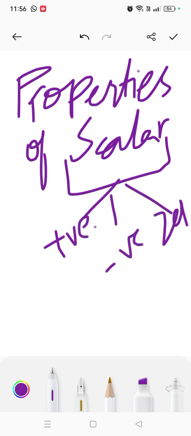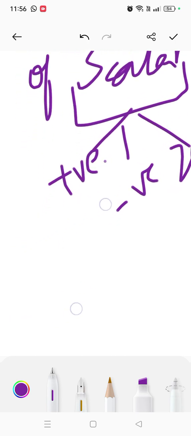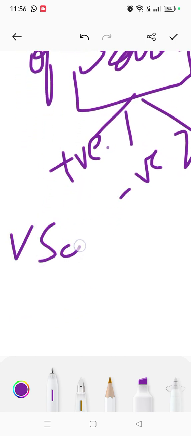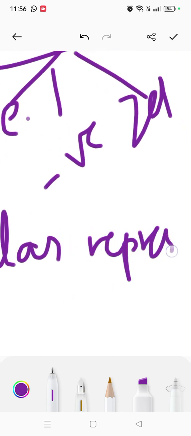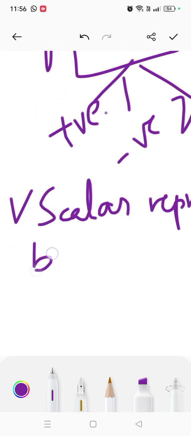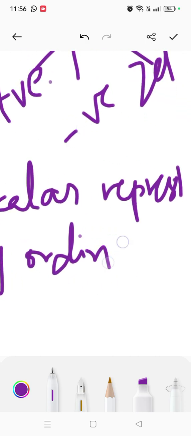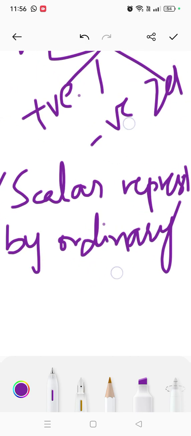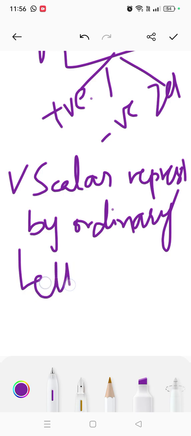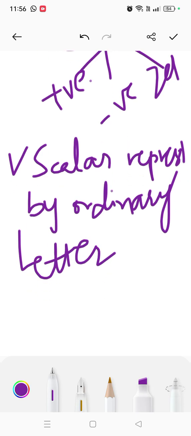And these scalar quantities are specifically represented by ordinary letters.